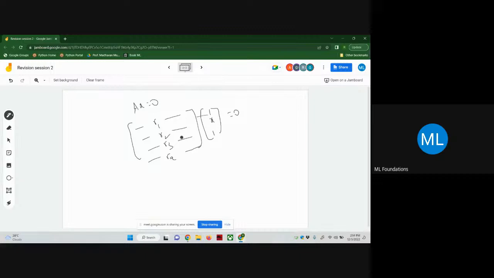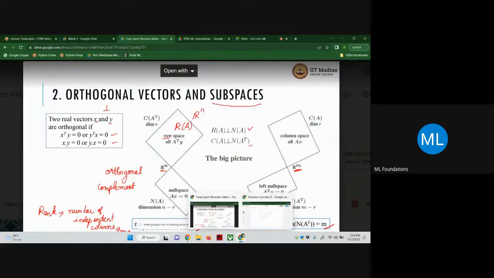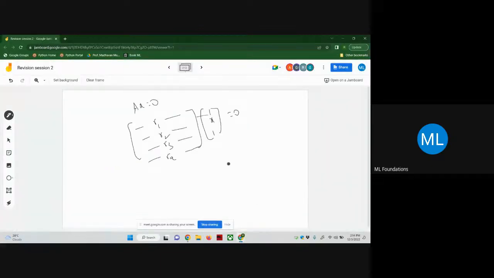Basically R1 is perpendicular to x, and R2 is perpendicular to x, and similarly we have it for all rows. That is, R1x is equal to 0, R2x equals 0, R3x equals 0. What this basically means is R1 is perpendicular to x, R2 is perpendicular to x, R3 is perpendicular to x. R1 dot x equals 0, R2 dot x equals 0, R3 dot x equals 0.